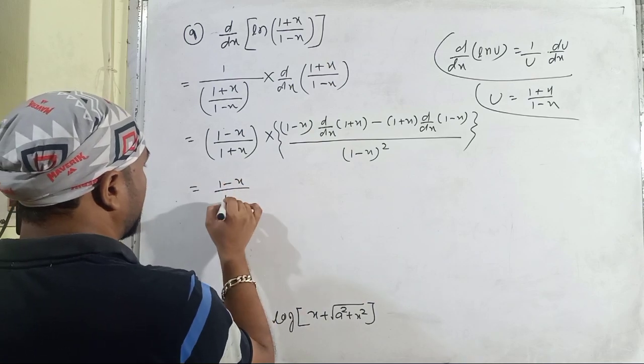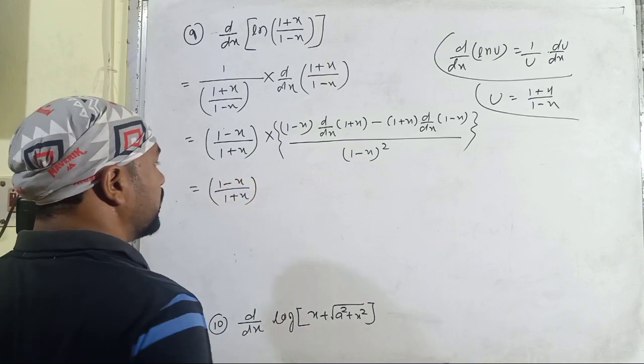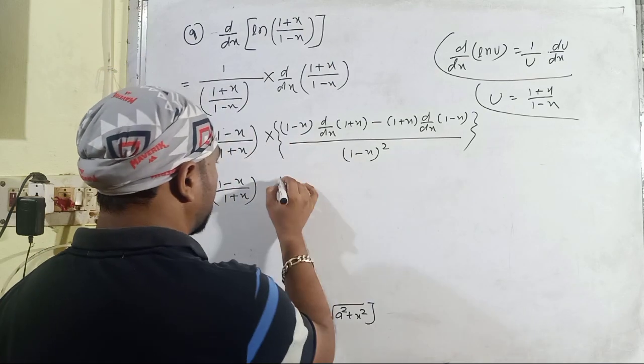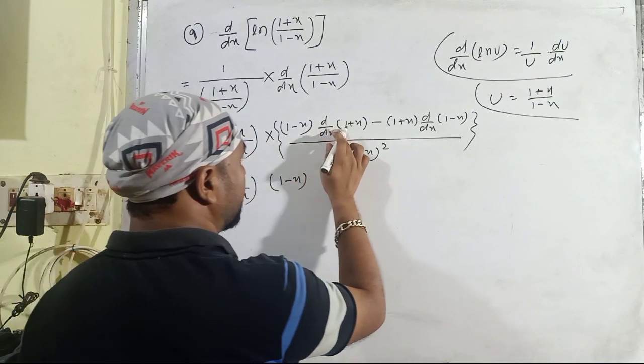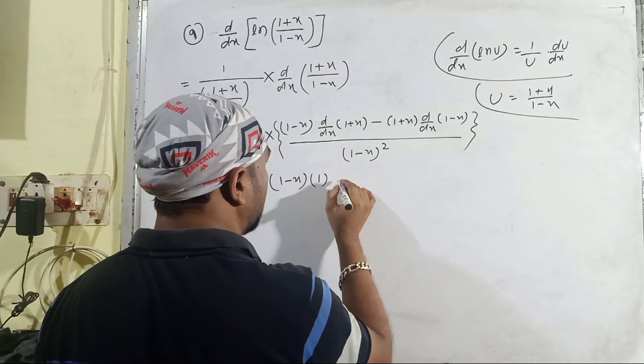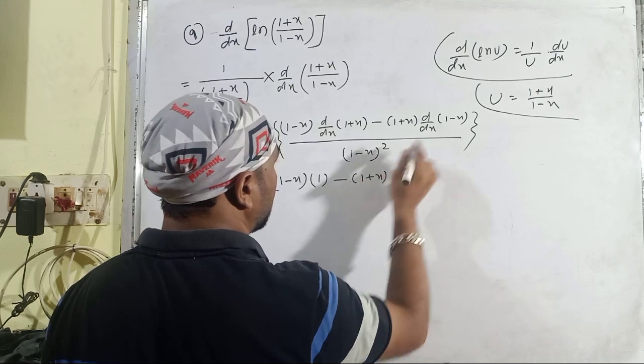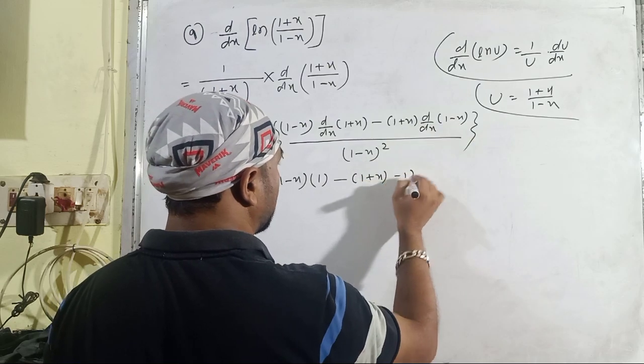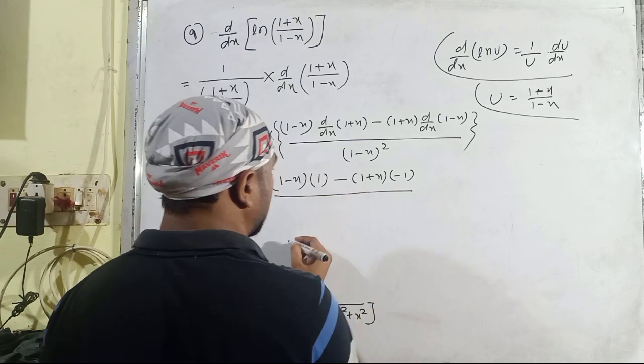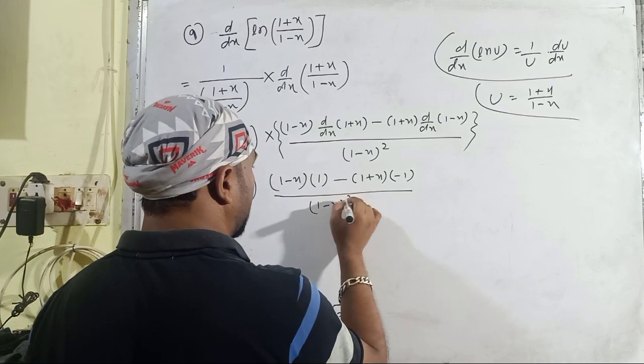So 1 minus x divided by 1 plus x, multiplied with 1 minus x times differentiation of 1 plus x, which is 1, minus 1 plus x times differentiation of 1 minus x, which is minus 1, whole divided by whole square of 1 minus x.